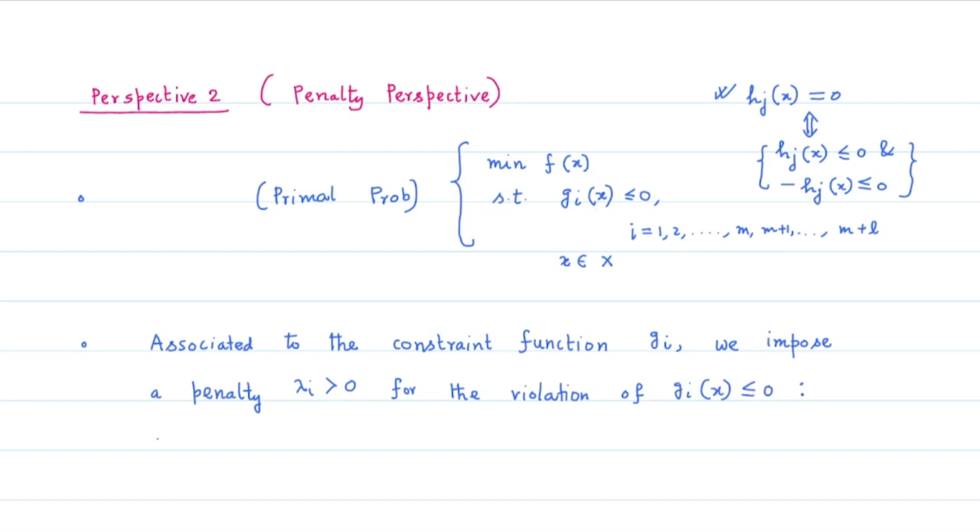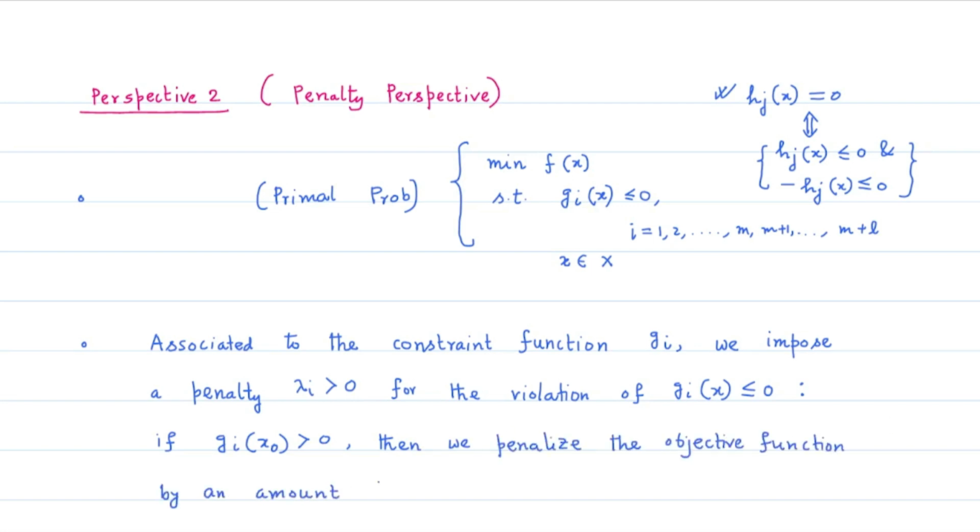That is, if you observe that at a given point x naught in capital X, the g_i(x naught) value is greater than 0, then we penalize the objective function by an amount lambda_i times g_i(x naught).